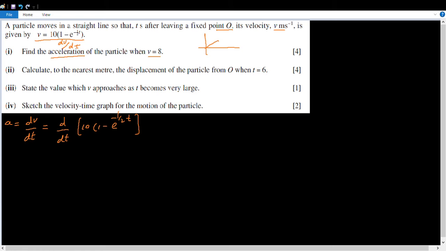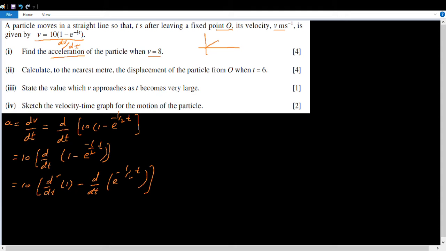Now 10 will move outside, and then d over dt of 1 minus e power minus 1 over 2t. Okay, so 10 d over dt of 1 minus d over dt of e power minus 1 over 2t.